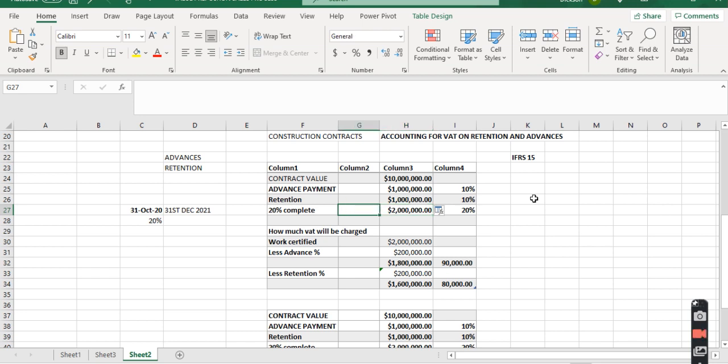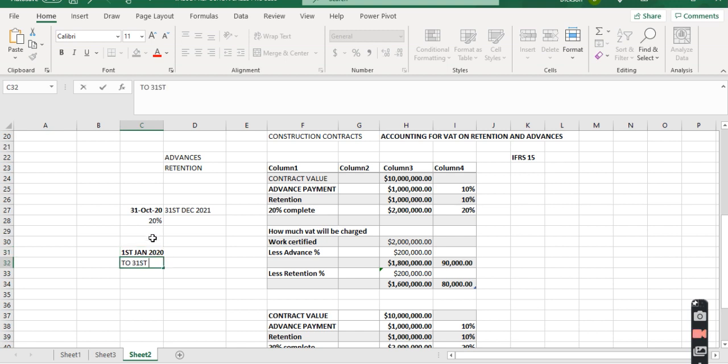Now we have agreed that at the end of the first year, let's assume that our reporting period was running from the 1st of January 2020 to the 31st of December 2020.